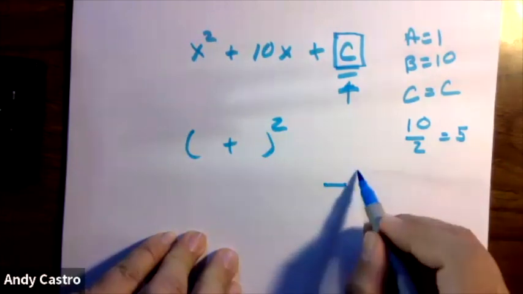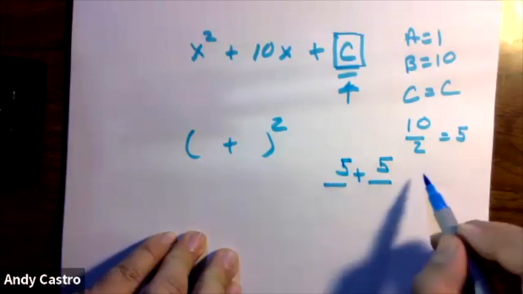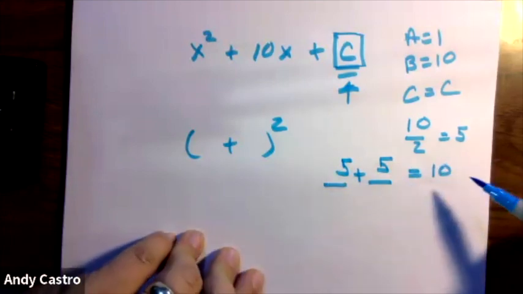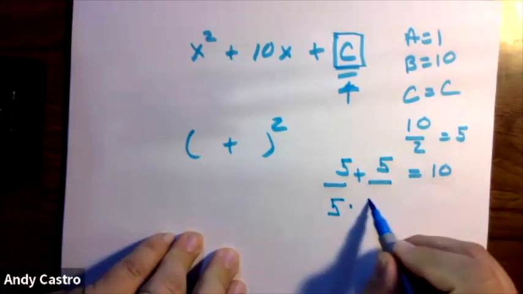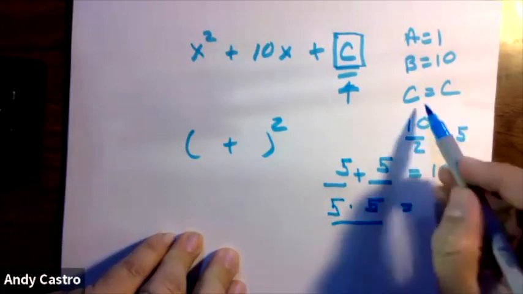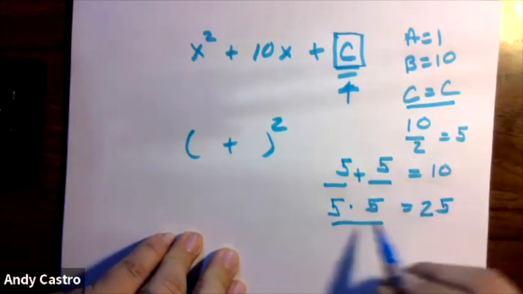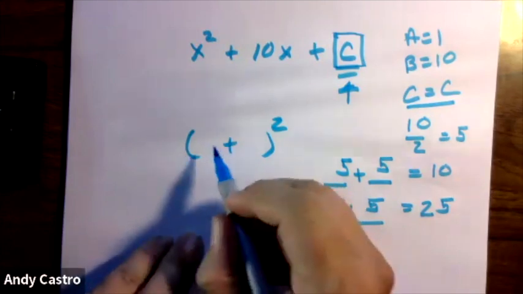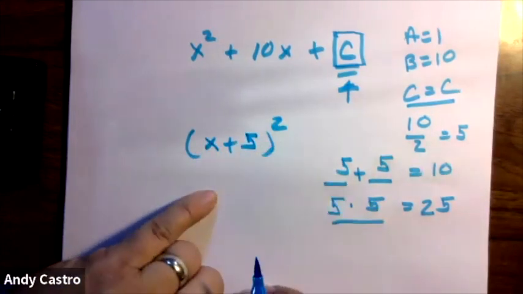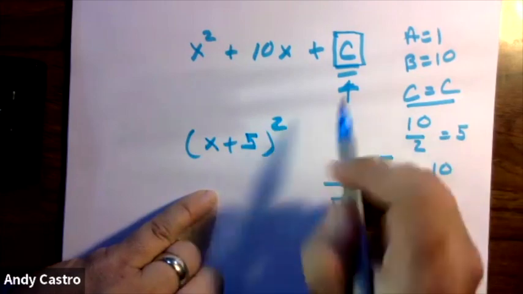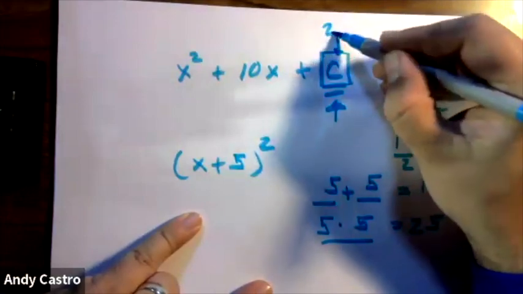So the two numbers that add together to give me 10, those same two numbers have to multiply together to give me my c, which is 25. 5 times 5 is 25. So that's how I know it's x plus 5 squared. And this number c here would be 25.